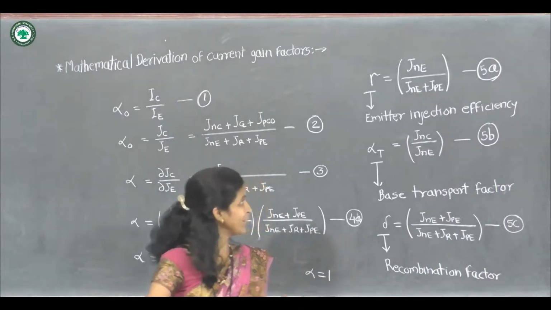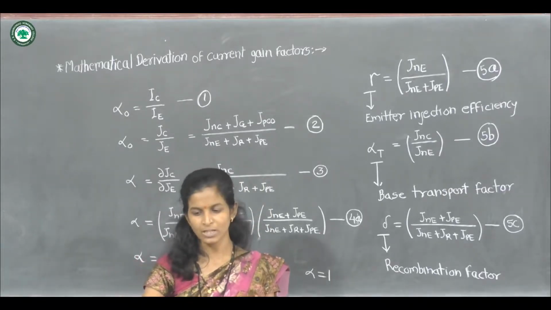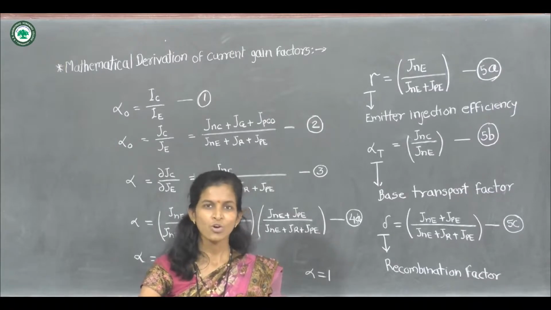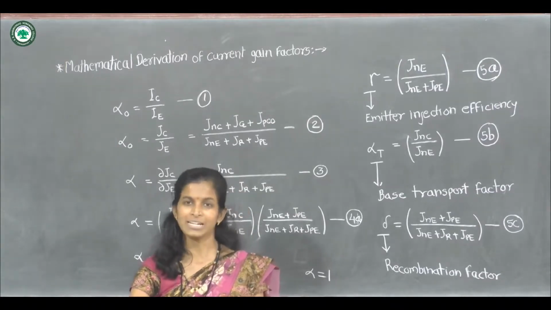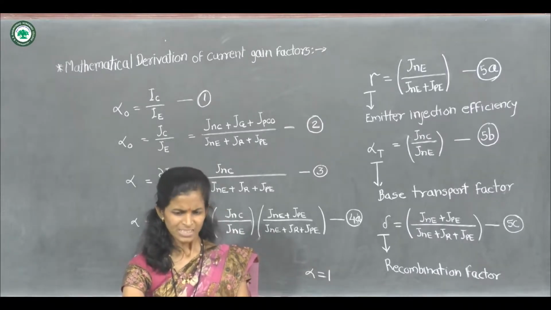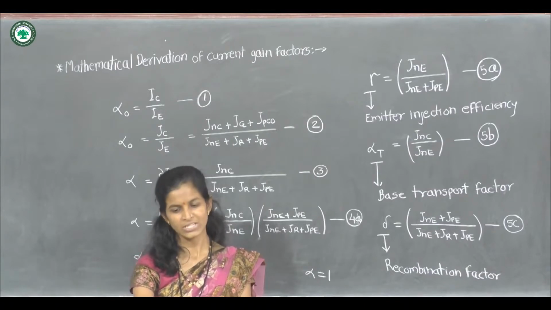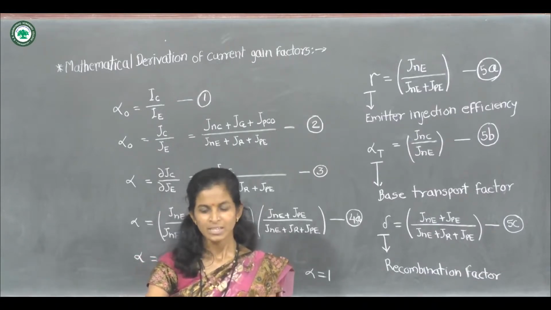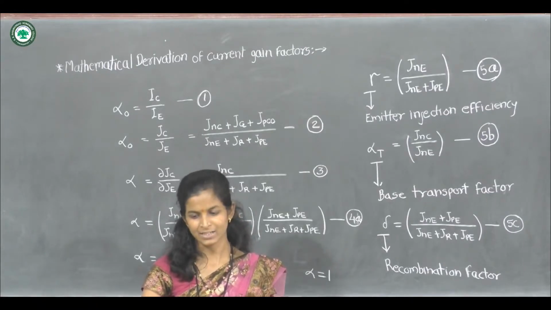This current is a part of the emitter current, but it does not contribute to the transistor action, and JPE is not part of the collector current.